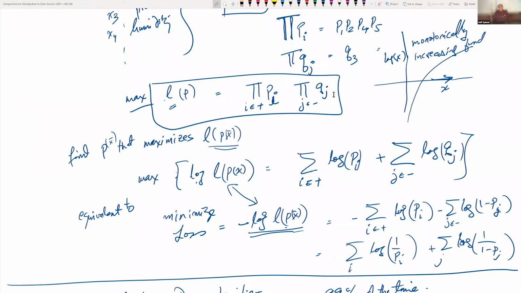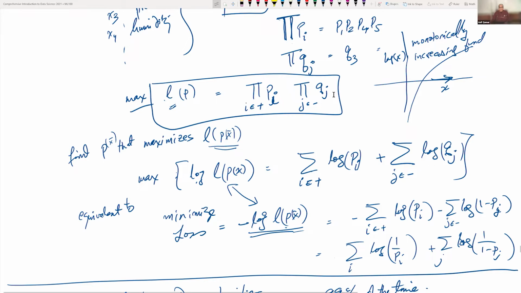It becomes addition, because the log operator converts multiplication to addition, which is much better. Now you're less likely to have an underflow problem during numerical computation. Furthermore, most optimization libraries like to minimize things rather than maximize them. That is easy: just take the negative of the log.